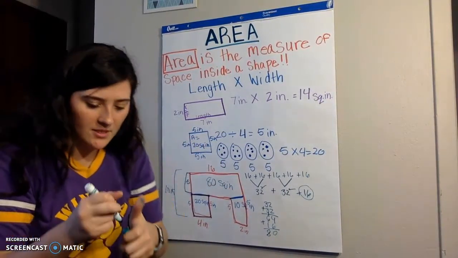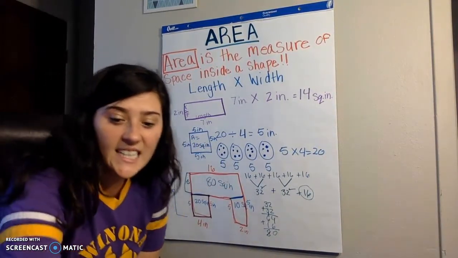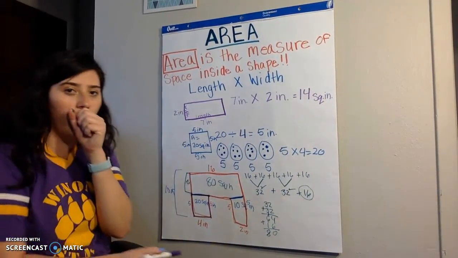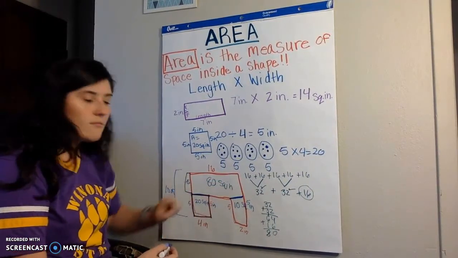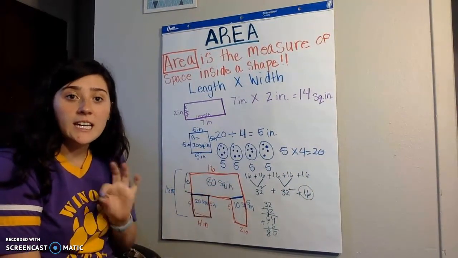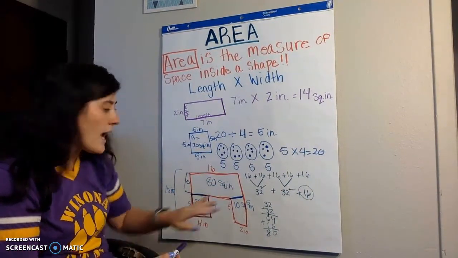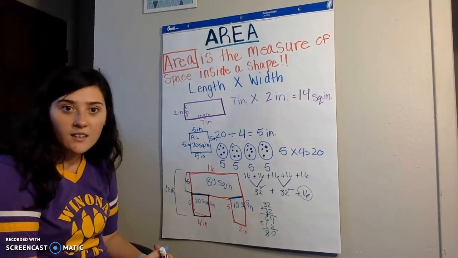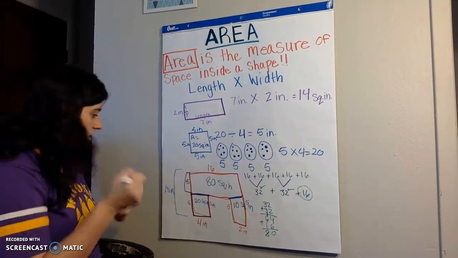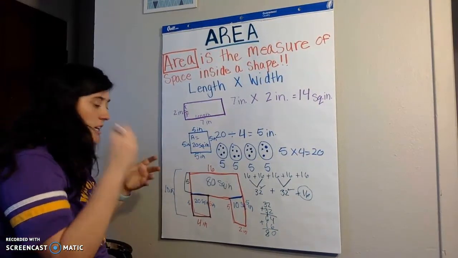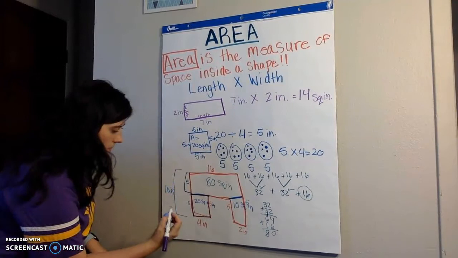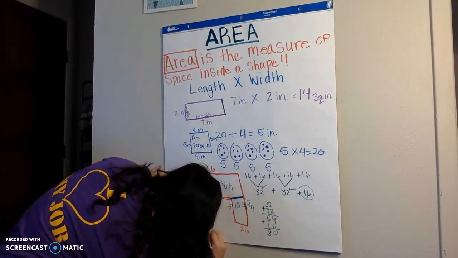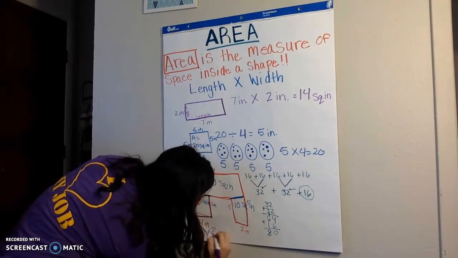Now guess what's left? Now that we broke it apart and solved our area for each piece inside, we have to add all of our pieces together. So now I'm going to take my different colored marker. I'm going to take my first number, 80, plus this 20.